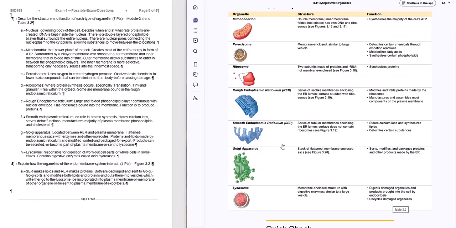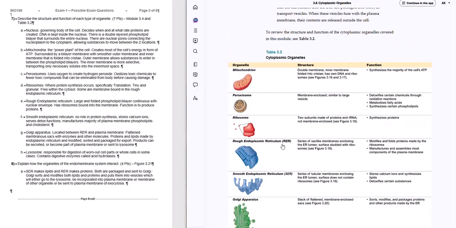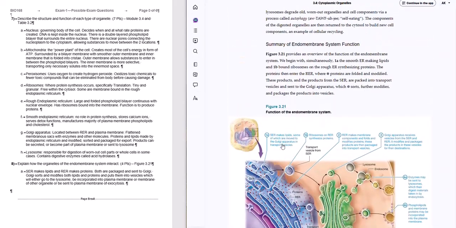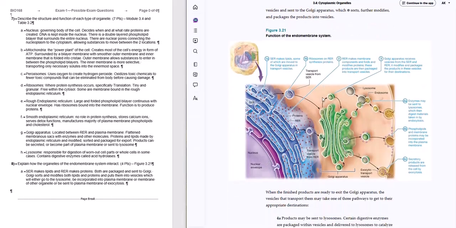And that can be found in Table 3.2. And then right above 3.2, where it's describing the importance of the endomembrane system, you can find Figure 3.21, and it provides a summary of the endomembrane system function. And there are 4 outcomes, 4A, 4B, 4C, that will result in the endomembrane system.